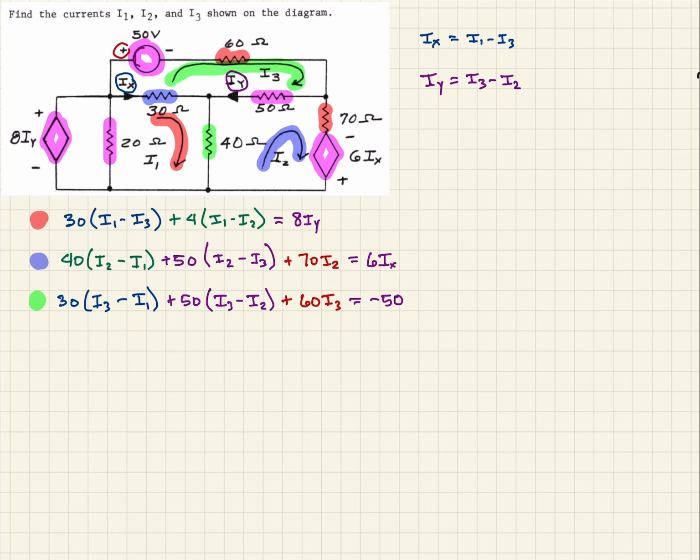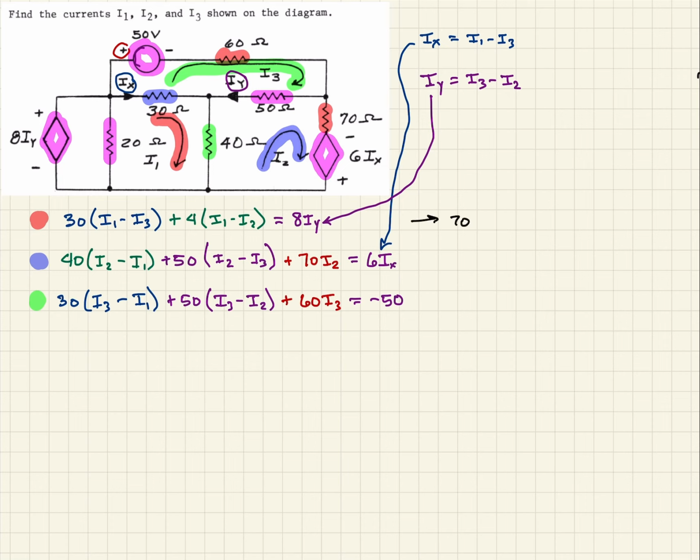So now we should be able to take this IX and substitute it in here. And then our IY, we should be able to substitute it into here. And so when we make that substitution and we multiply things out and combine like terms, we can come up with our reduced set of equations.